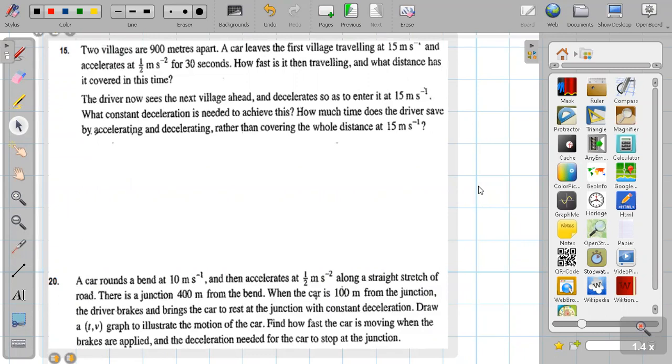Give me a minute. Two villages are 900 meters apart.